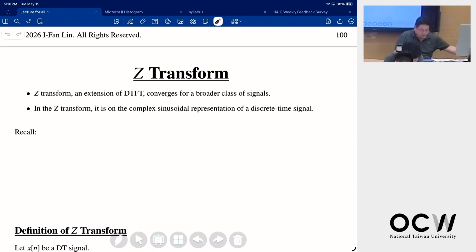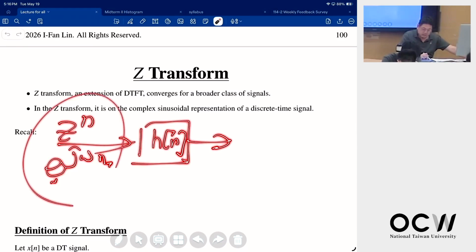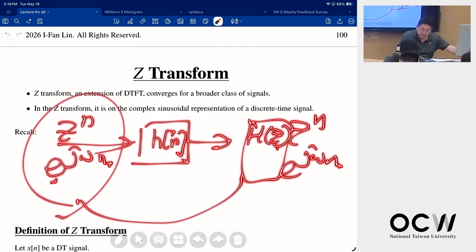Remember, for an LTI system, I send z to the n, or e to the j omega n, the complex exponential. What is the output? This is like an eigenfunction. So I have z to the n, and the eigenvalue is H of z. And this H of z is just the Z transform. Okay.